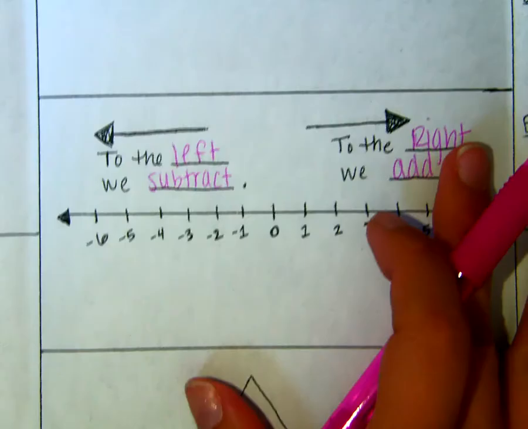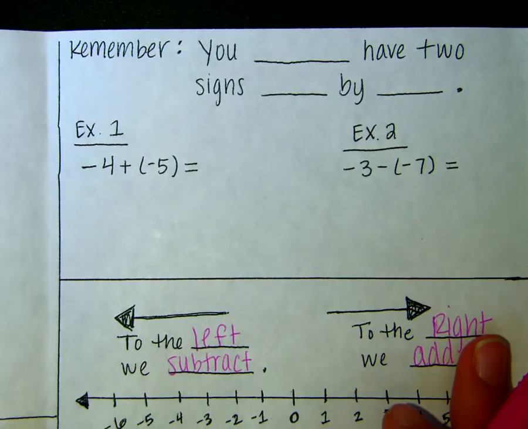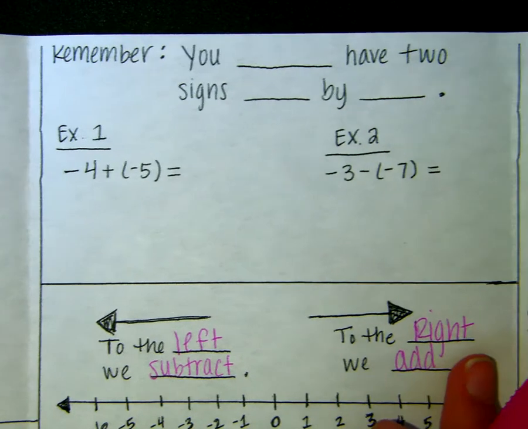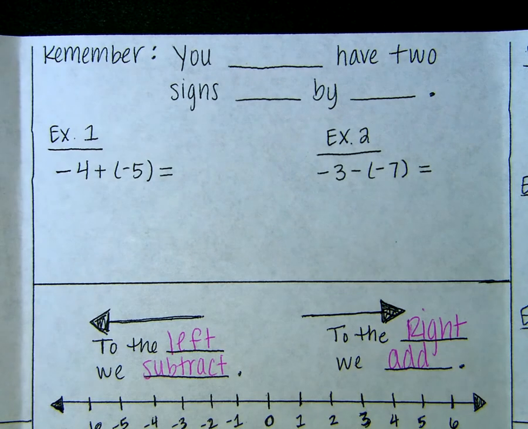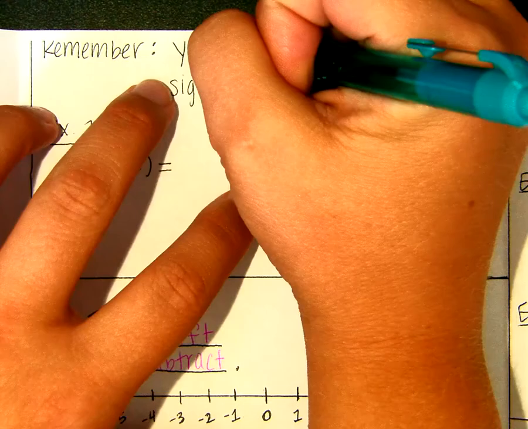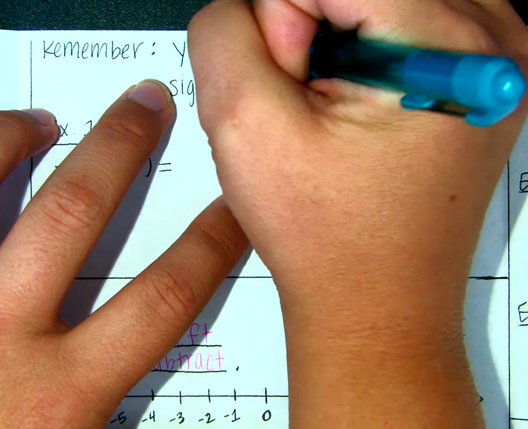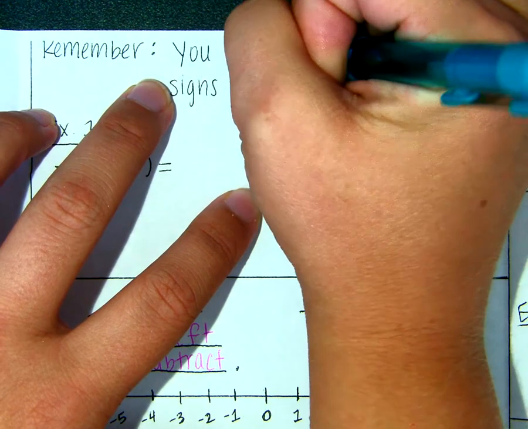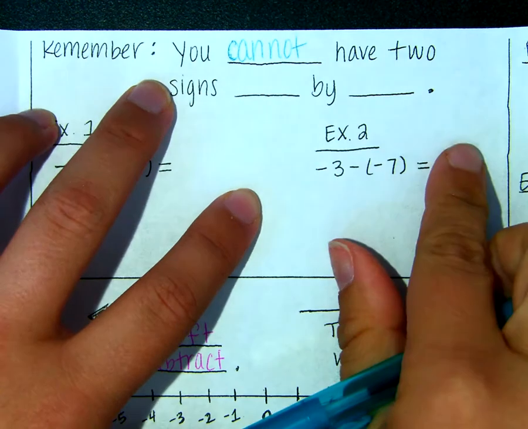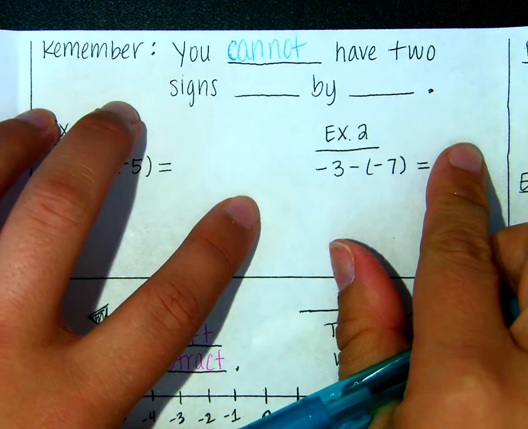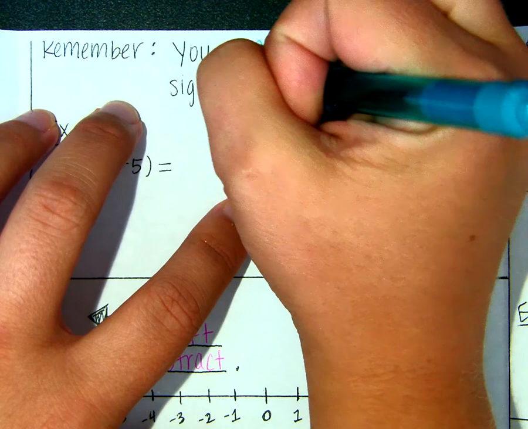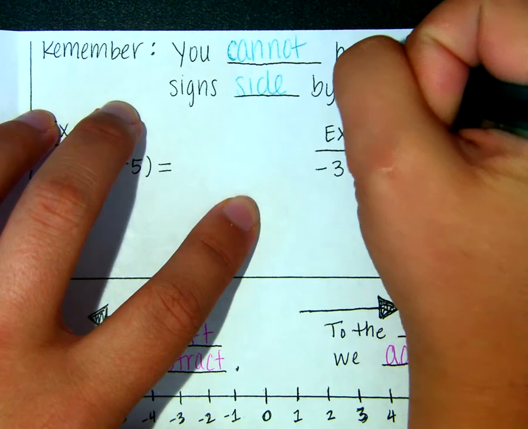One thing we have to remember though, you cannot have two signs side by side. So when you look at an equation, you cannot have two numbers or two signs that are side by side.